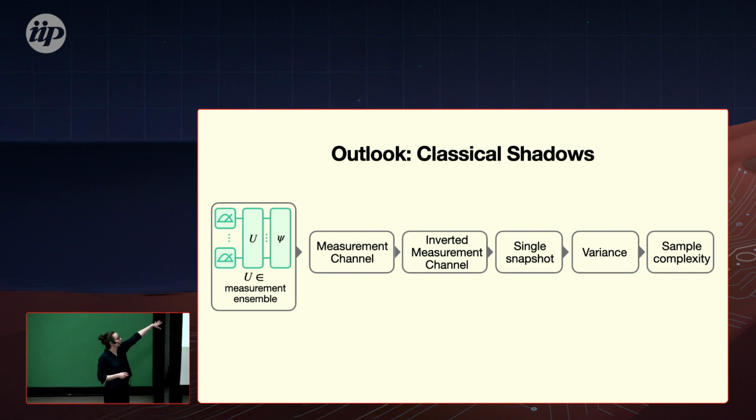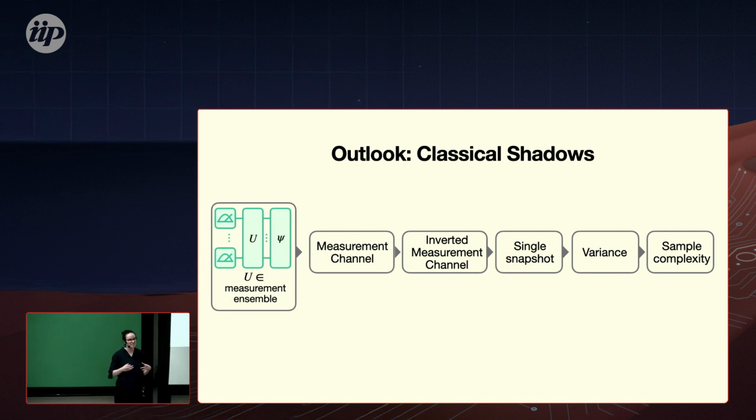In general, we have a sequential measurement protocol where we prepare a quantum state, then apply a measurement ensemble layer to that and then measure in the computational basis. This we will do many, many times with possibly random unitaries. From that, we can calculate the so-called measurement channel.